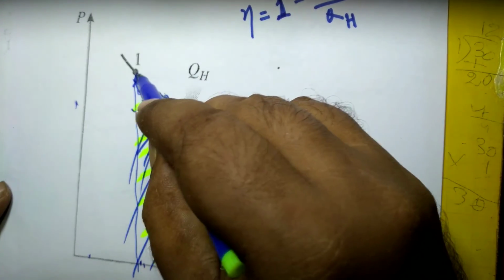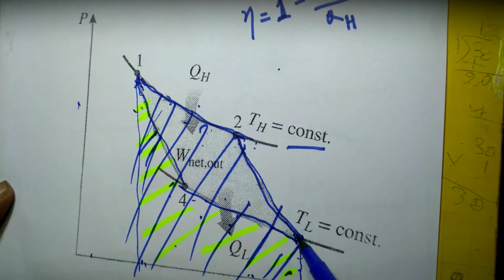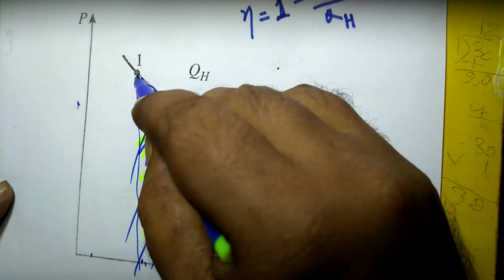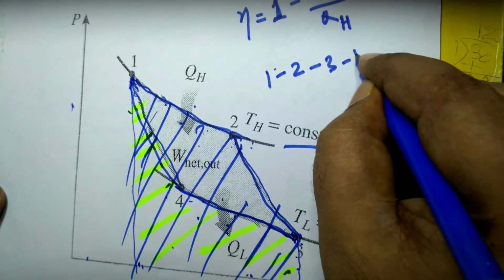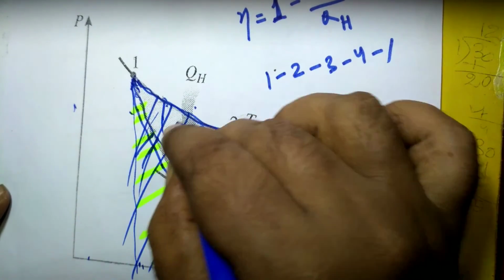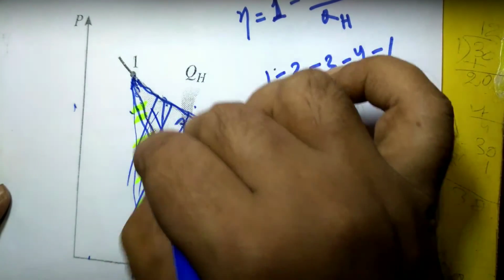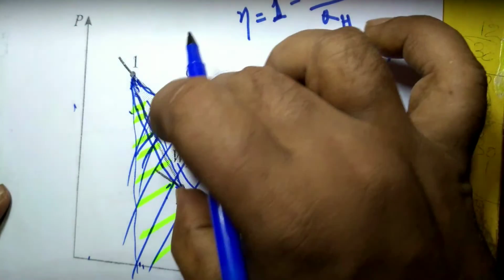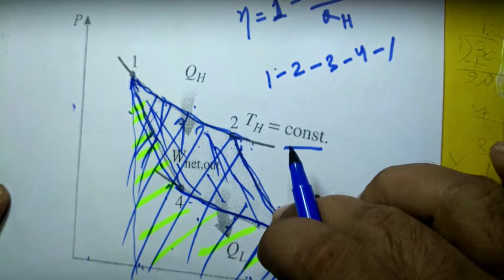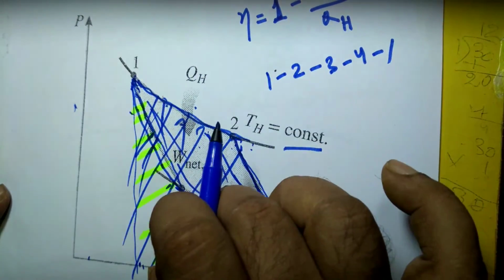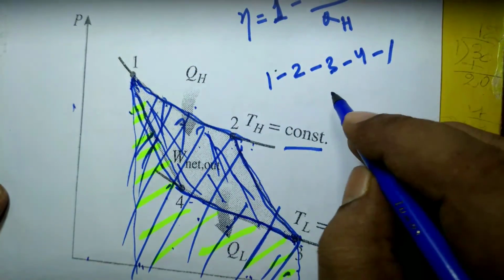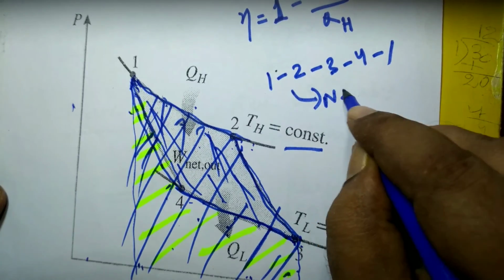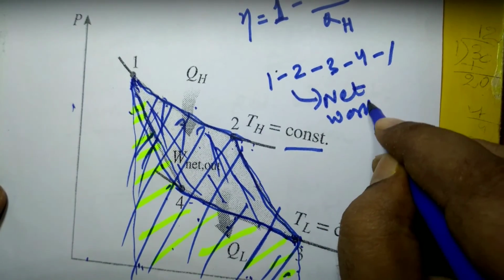So if we subtract this area from that area, the enclosed area 1-2-3-4-1 represents the net work output of the cycle.